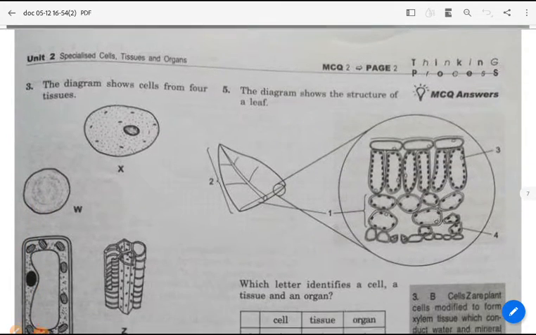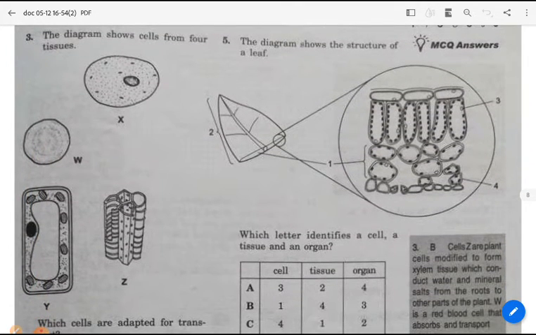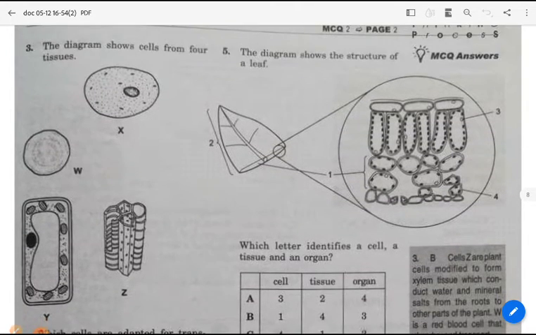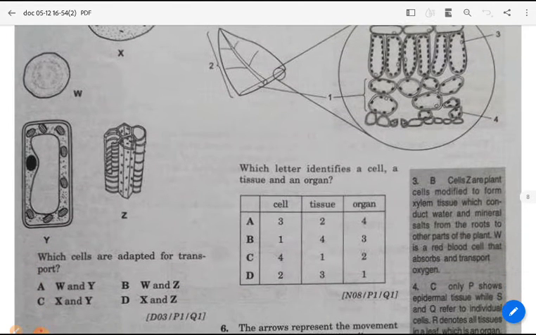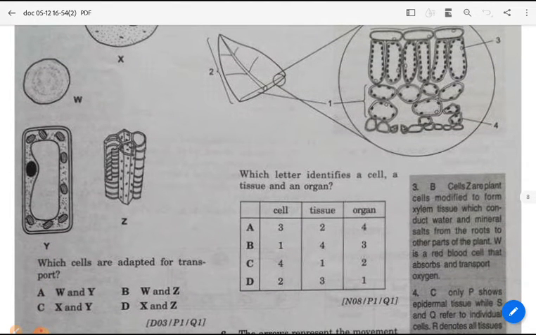Now come towards the third MCQ of this section. The diagram shows cells from 4 tissues: X, W, Y and Z. These are the 4 cells. Now the question is, which cells are adapted for transport? Which of these cells function as transporting cells?